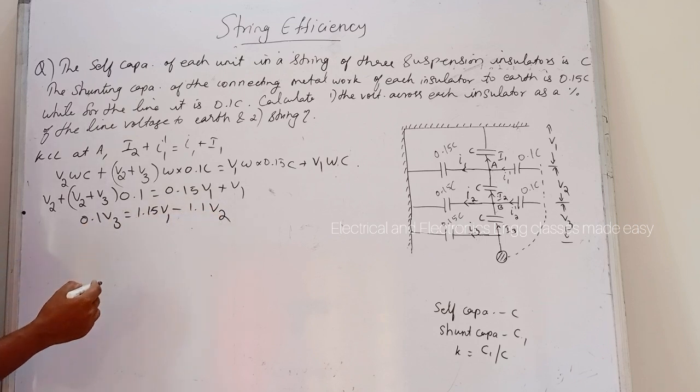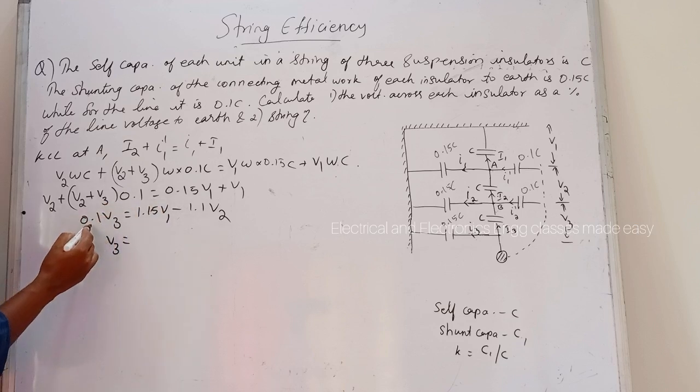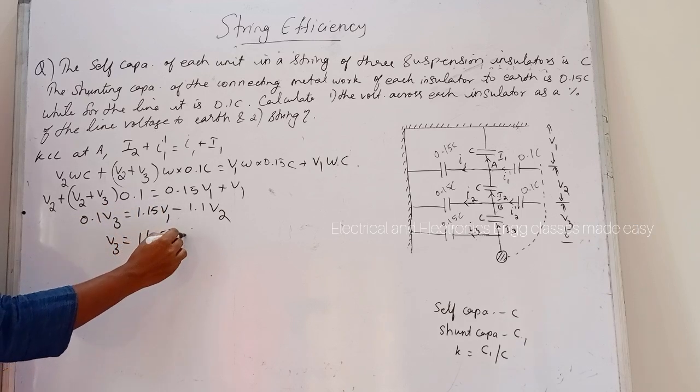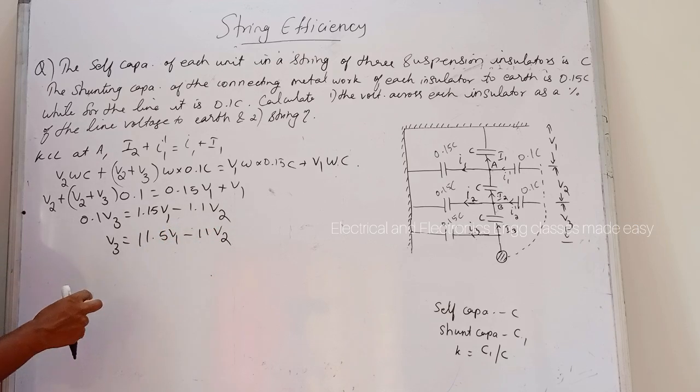So from here we can write V3 is equal to, dividing by 0.1, 11.5 V1 minus 11 V2. So this is the first equation.